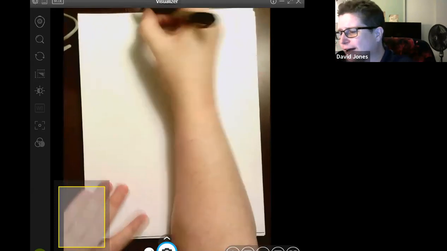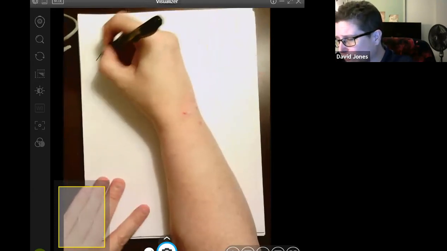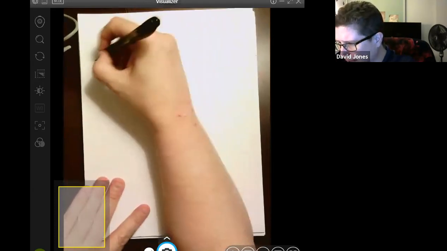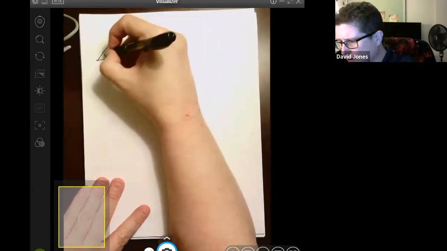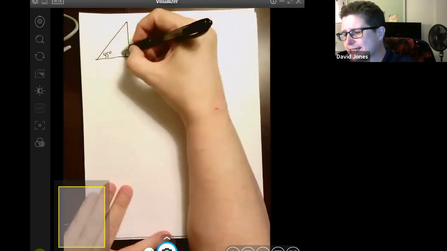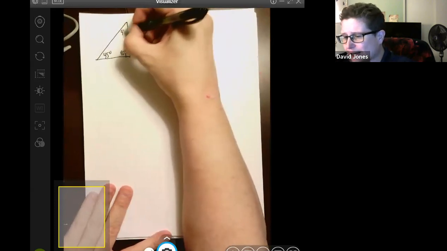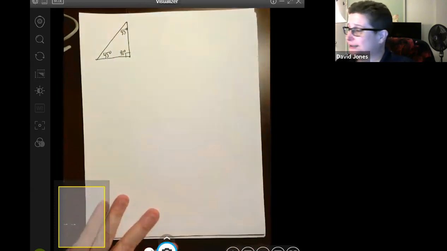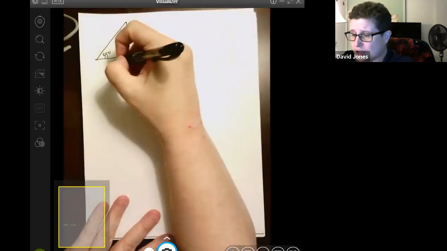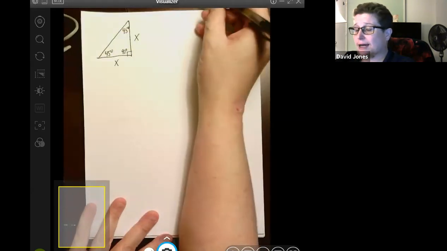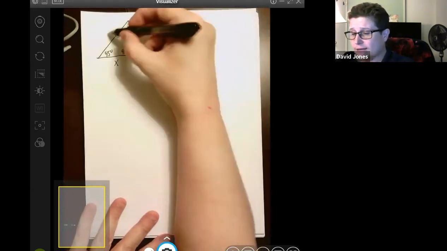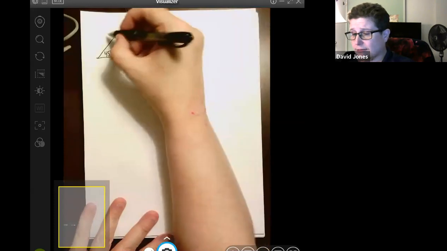So we need 45 degrees. If we're working with a right triangle, that's 45 degrees. This is 90 degrees. To get 180, this one also has to equal 45. So if this one's x, then this one has to be x. And we can figure out what that side is. Let's say it's r.